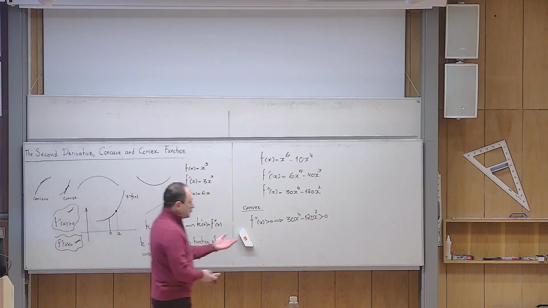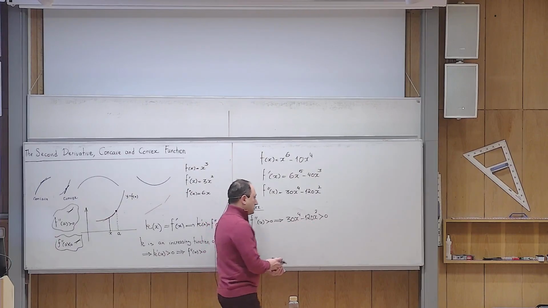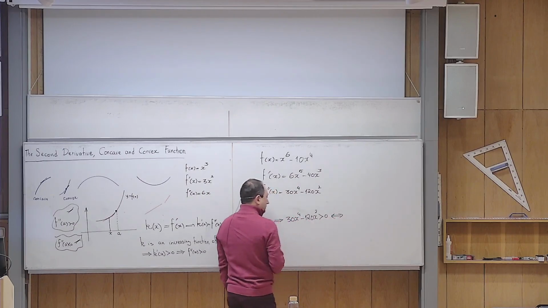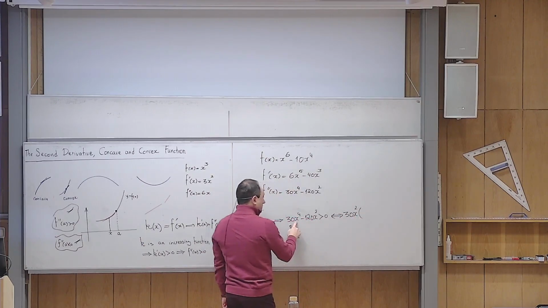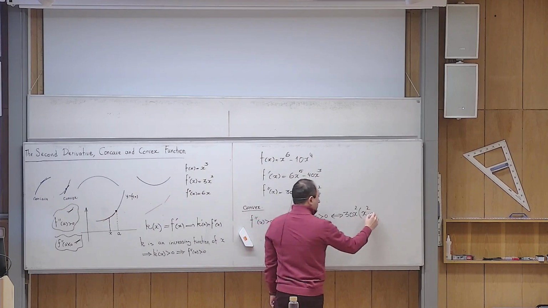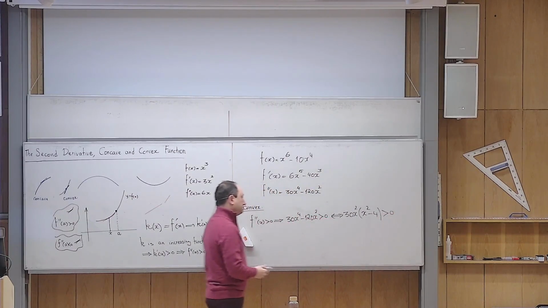It seems hard, but it is not, because you can easily factorize this. So this happens if and only if I can factor 30x squared out, and then this becomes x squared minus 4. Yes, I want to make this positive.